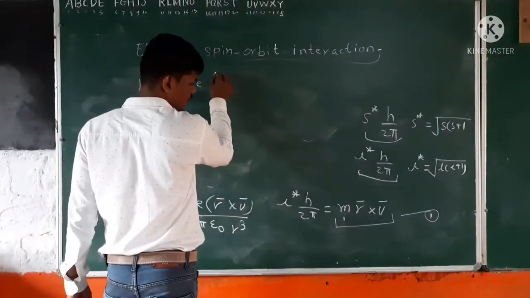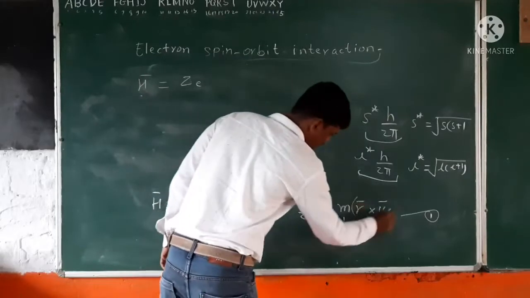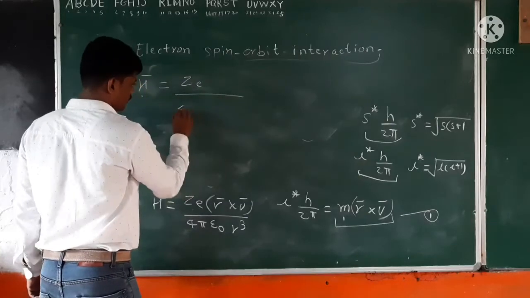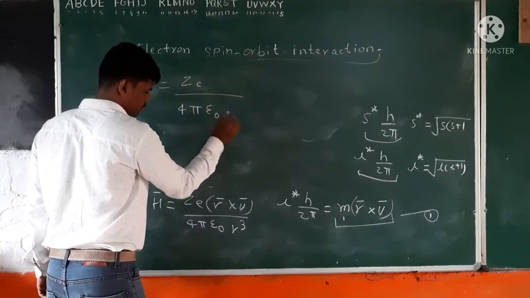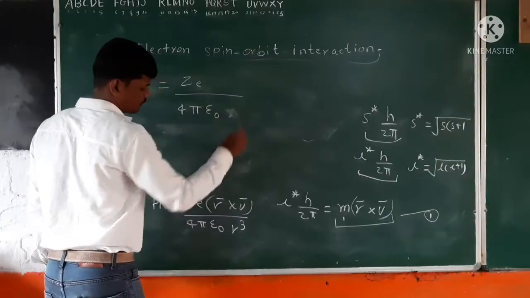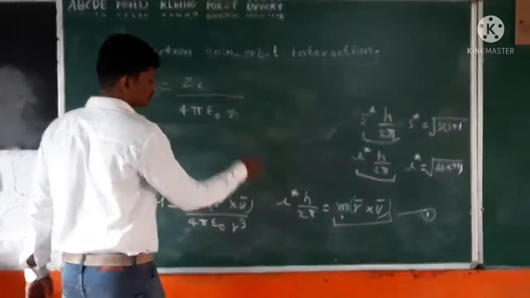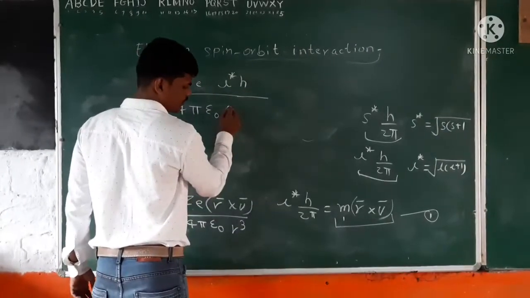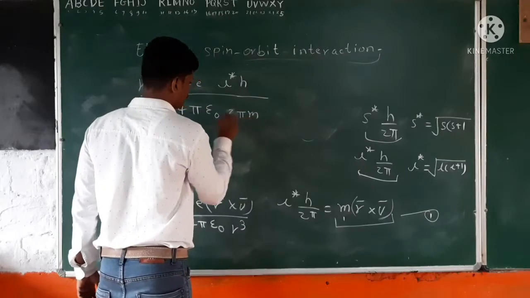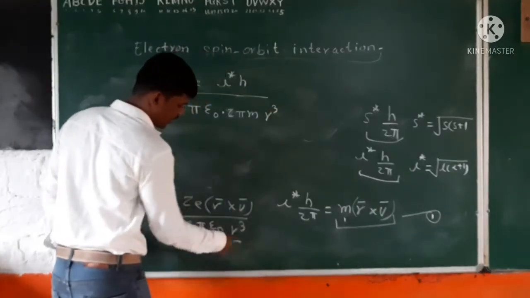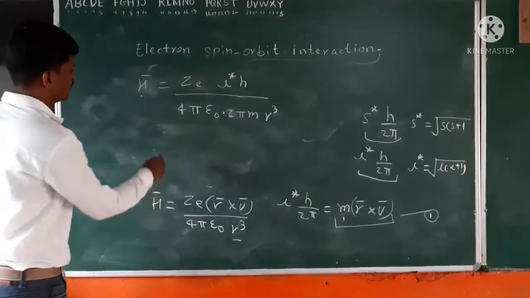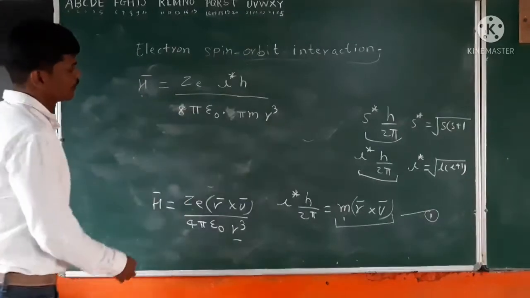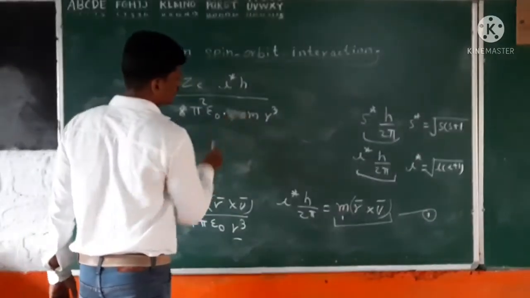Now we have r bar cross v bar, so let's put in its value. r bar cross v bar has the value L star h divided by 2 pi m, and the remaining factors, so here you get 4 into 8, and of course pi squared.